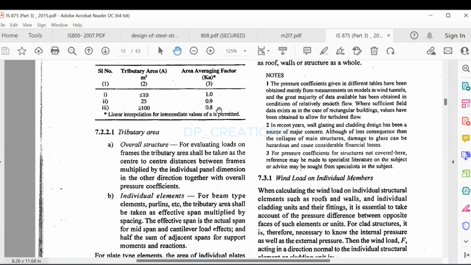So these divided by these, into, it will be 0.9 minus this, 45 minus 25, divided by 100 minus 25.